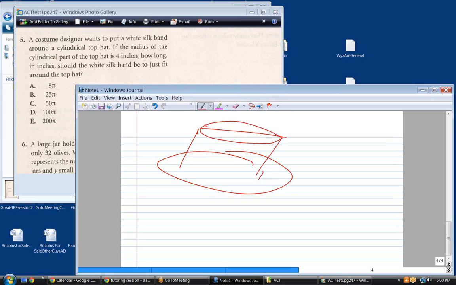Okay, it's not too bad. So he wants to put a white silk band around the very top. The radius from center to there is 4.